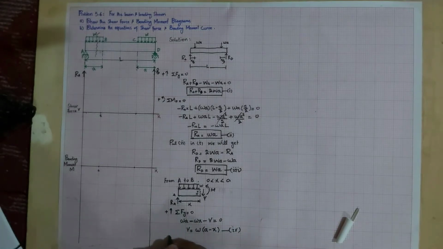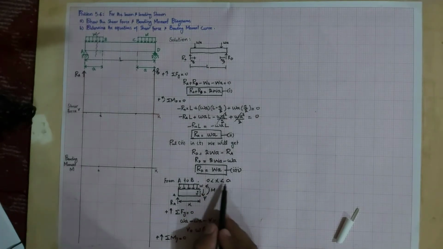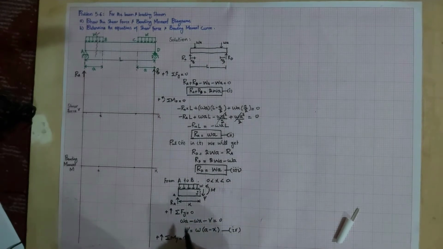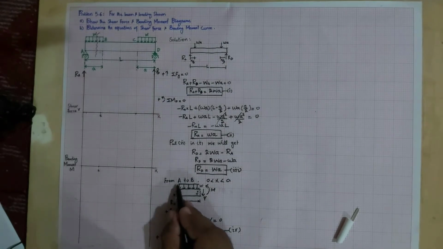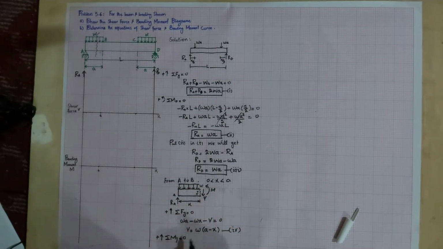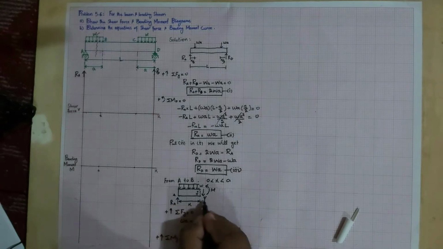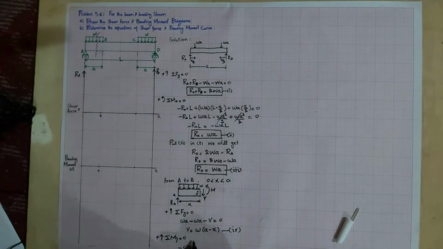Now sum of all moments about point J is equal to 0, and this equation will be used for finding the bending moment equation for x greater than 0 and less than A. Now you can see this force RA will produce a clockwise rotation, so that will be RA is WA, so minus WA into perpendicular distance X. Clear?